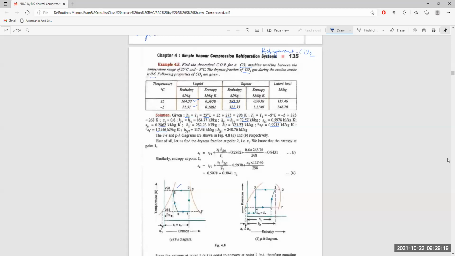So it is 0.286 plus 0.6 multiplied by 248 divided by 268, which we have calculated. So S1 becomes 0.8431. Similarly S2 is SF2, given as 0.5978, plus X2, which is unknown at this moment, multiplied by HFG2, which is 117.46, divided by the temperature 298. So 0.5978 plus 0.3941 X2.